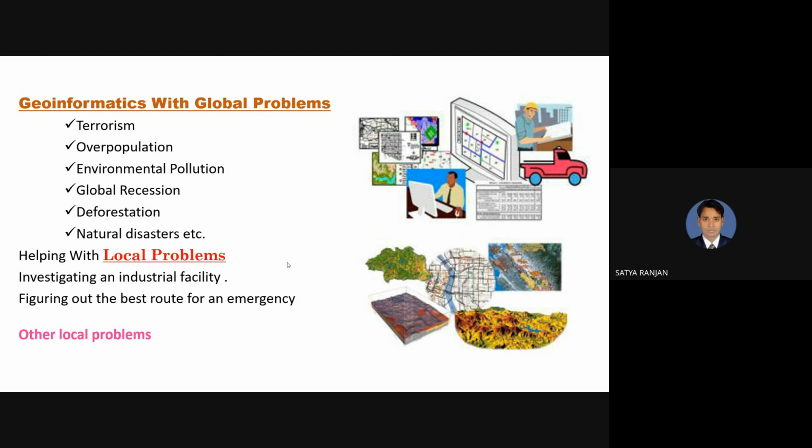So geoinformatics deals with different global problems in very effective ways, like terrorism, overpopulation, environmental pollution, global recession, deforestation, natural disasters, etc. In terrorism, the global positioning system is very helpful to identify suspects with high accuracy, because there are different bandwidths in the GPS system to locate high accuracy positions.